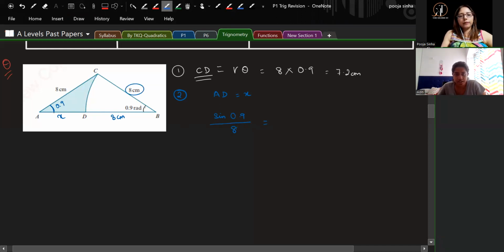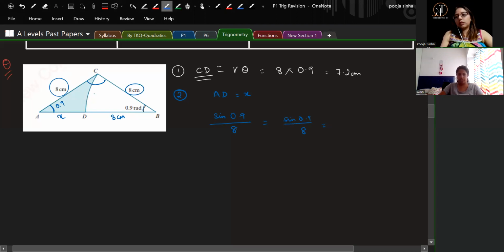Then sine B, this upon this, would be how much? It is sine 0.9 divided by 8. And then the last one is this one, sine, which is how much?